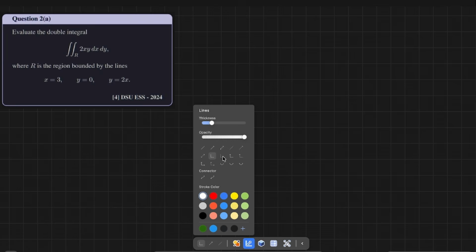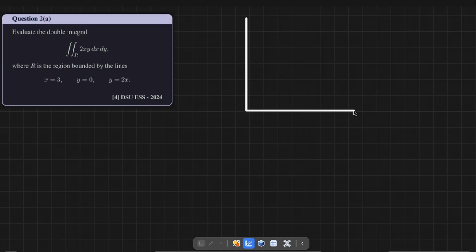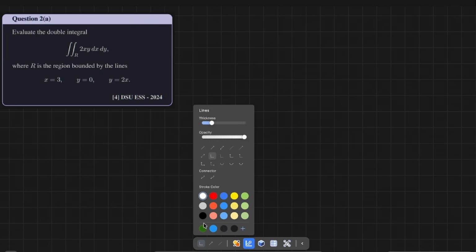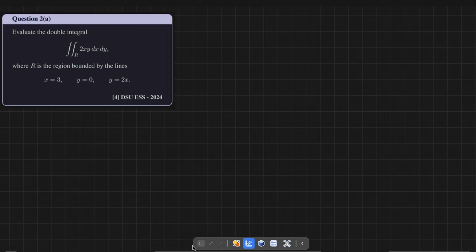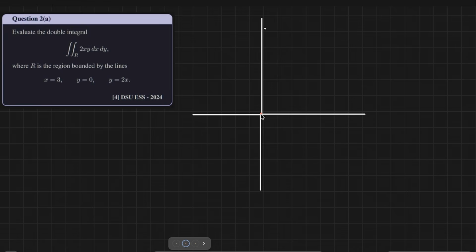So whenever you have this graph, then you write it down like this. Okay, so let's say this is 0.